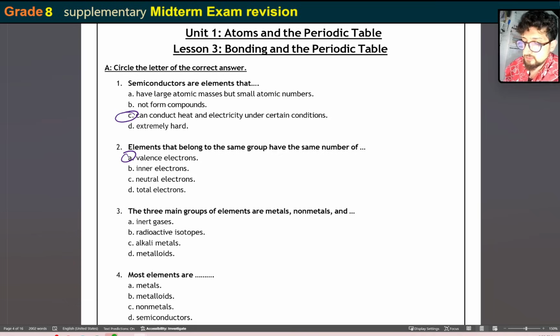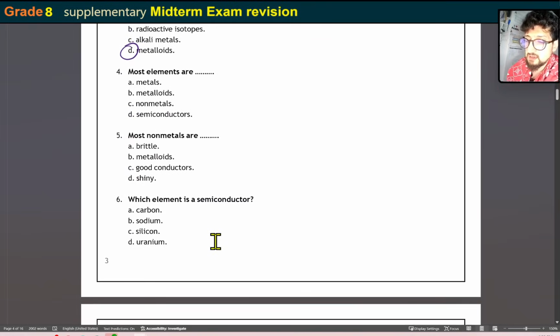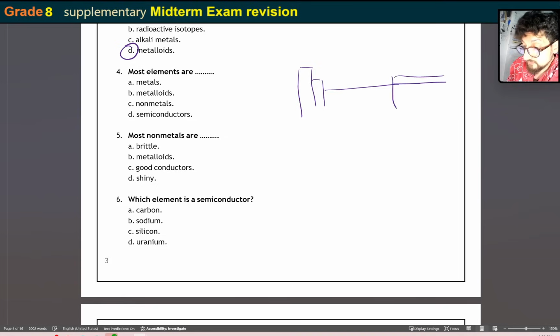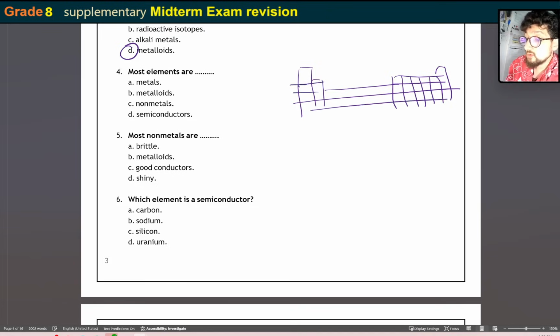Okay, the three main groups of elements are metals, nonmetals, and metalloids. Most elements... this is an interesting question because most elements in the periodic table are metals. But in terms of numbers, in reality, there are way more non-metals than metals.